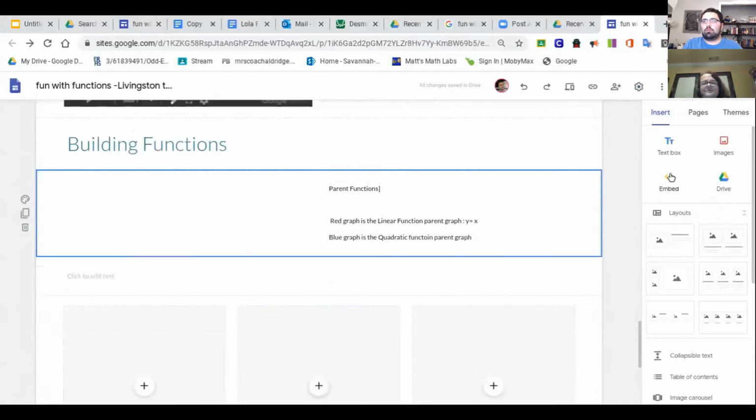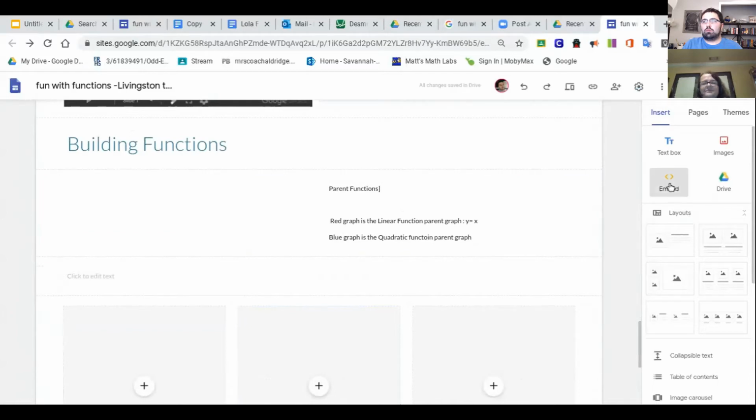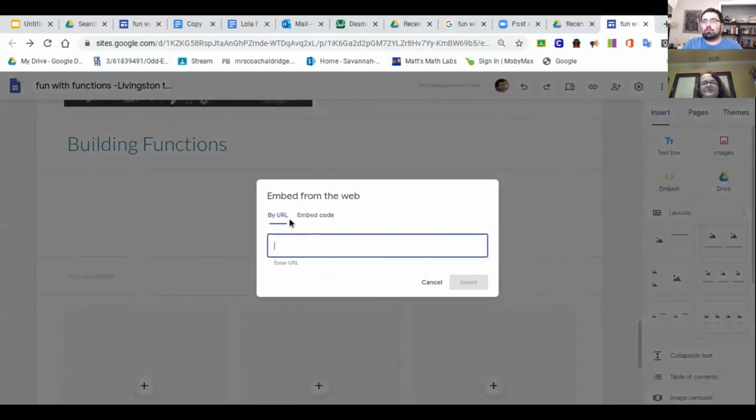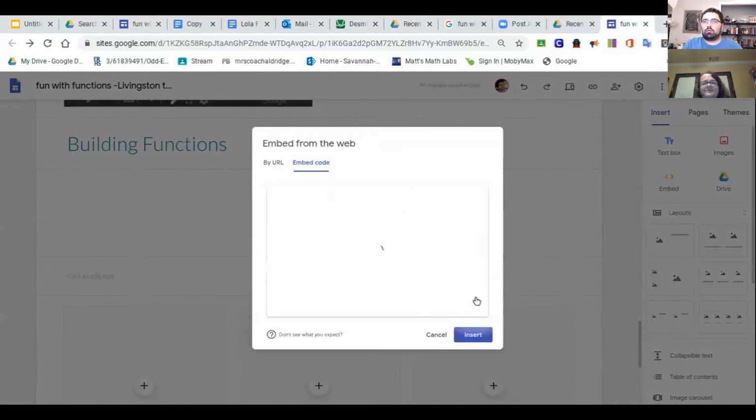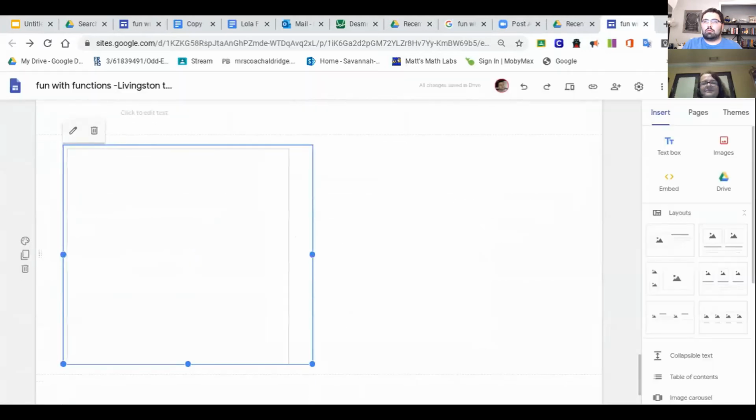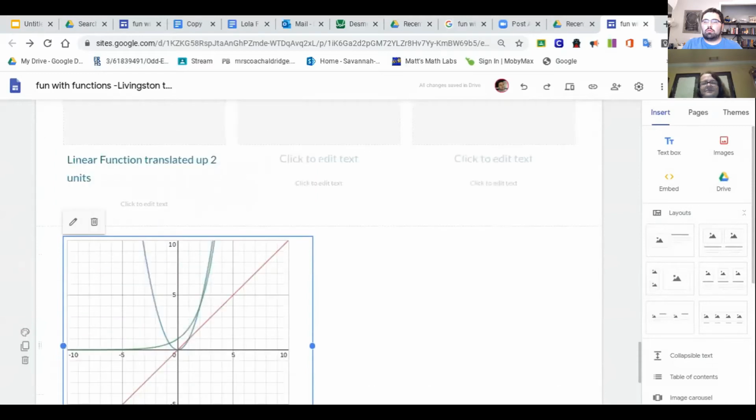Over here to the right, next to the Google Drive symbol, is the embed, not the URL. You're going to put the embedded code you copied, Control V, and insert it. And believe it or not, it embeds it right into your document.